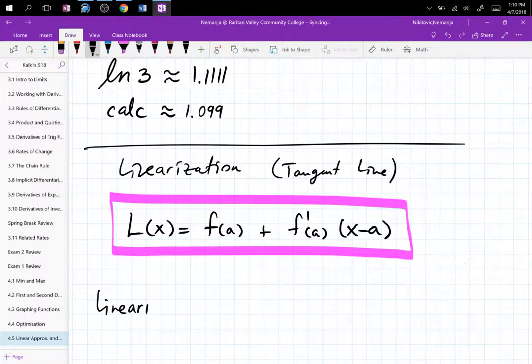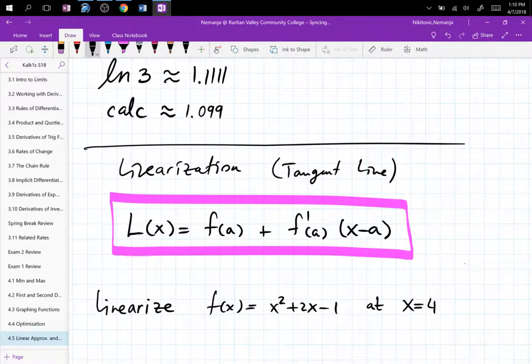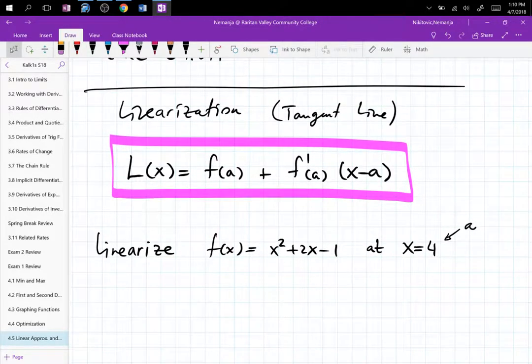Linearize f of x equals x squared plus 2x minus 1 at x equals 4. Now, this 4 is your a. So I just plug everything in here.